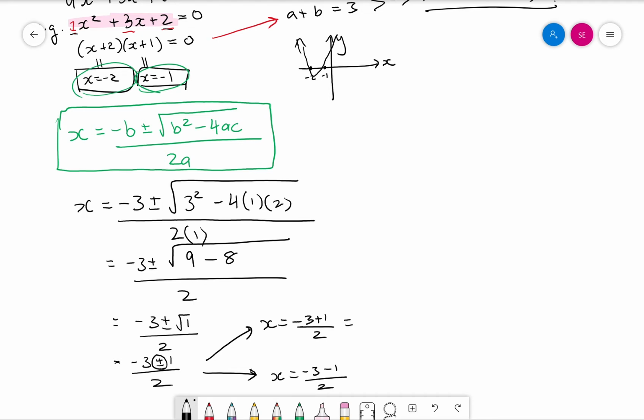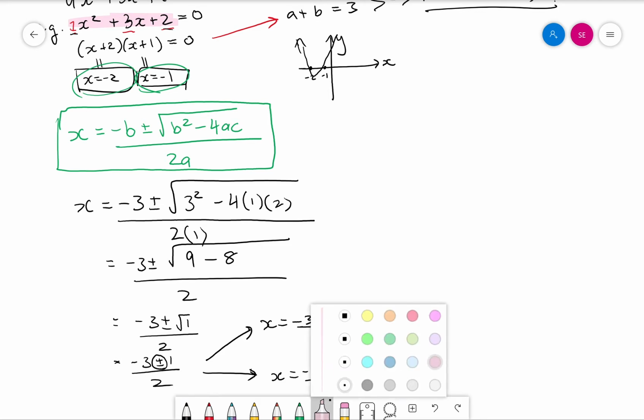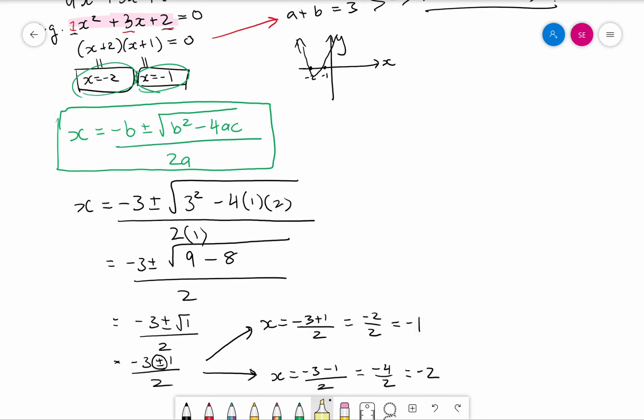Minus 3 plus 1 is minus 2 on 2, which is minus 1. Minus 3 minus 1 is minus 4 on 2, which is minus 2. And we can see that x is equal to minus 2 and x is equal to minus 1, matching what we found up here.